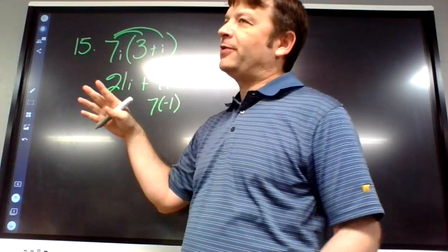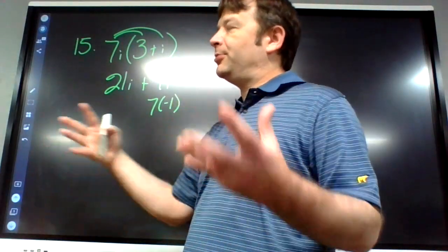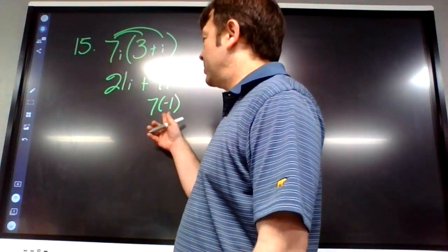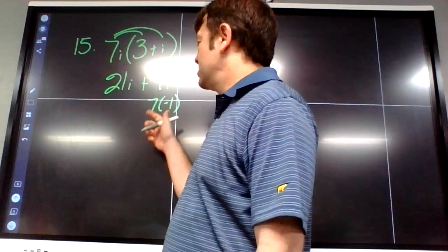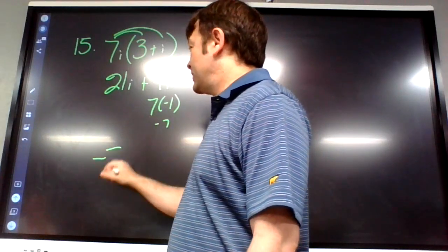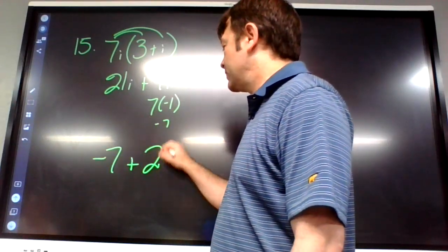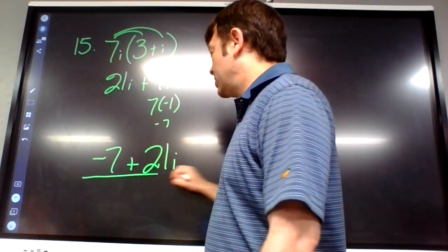And when we have complex numbers, the imaginary and the real added together, the real number is supposed to go first. So negative 7 should be in front of 21i.